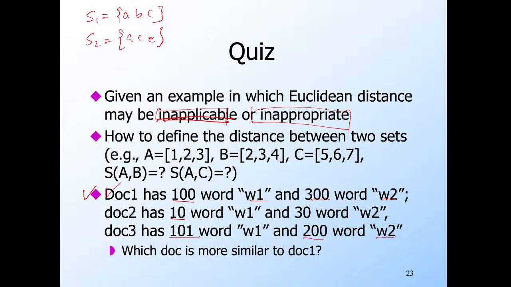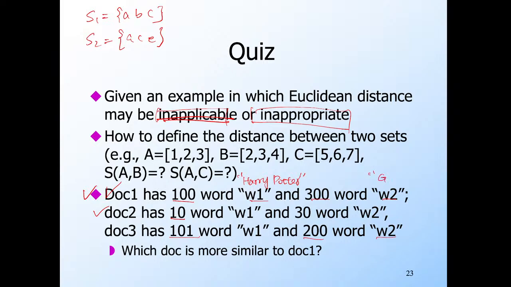Think about that for a second. I hope your answer is document number 2. Because let's say maybe this is a book about Harry Potter. So word 1 is Harry Potter, and word 2 is, I don't know, Gryffindor.